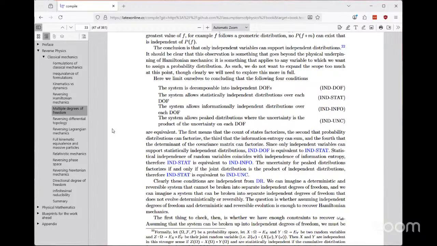Here we limit ourselves to the conclusion, concluding that the following four conditions are equivalent: the system is decomposable into independent degrees of freedom, the system allows statistically independent distributions over each degree of freedom, the system allows informationally independent distributions over each degree of freedom, and the system allows peak distributions where the uncertainty is the product of the uncertainty on each degree of freedom.